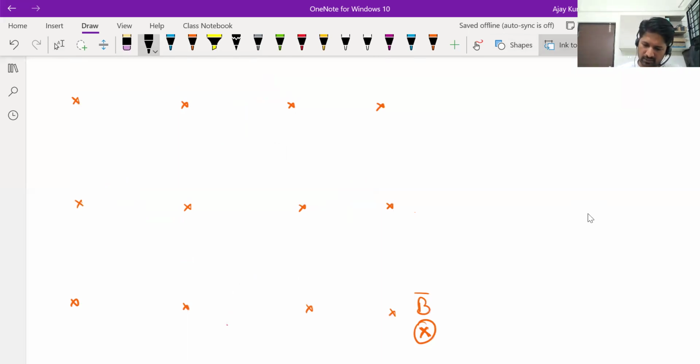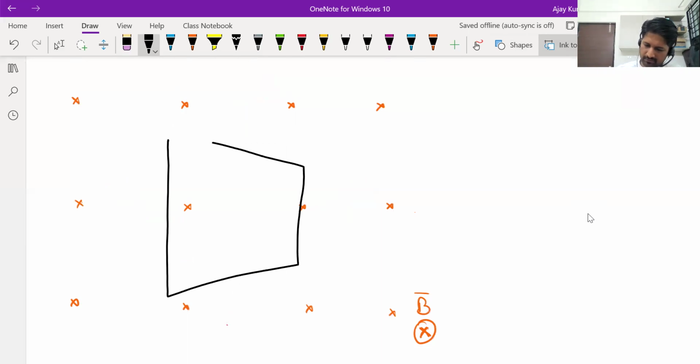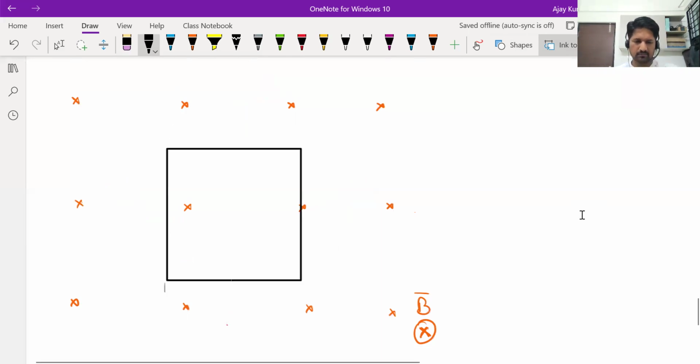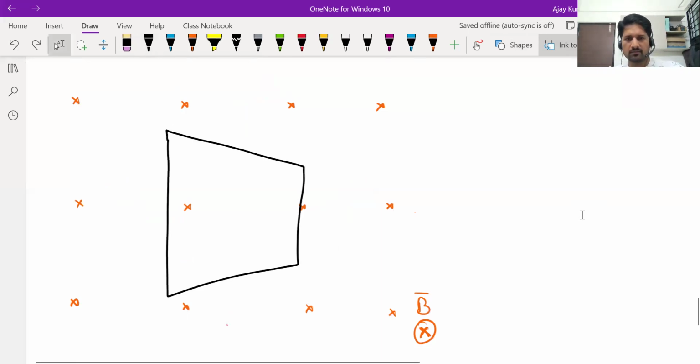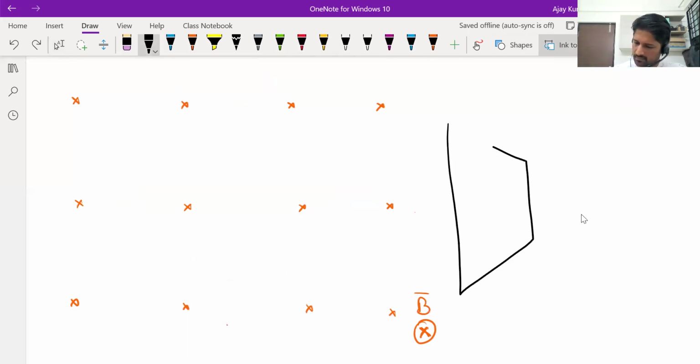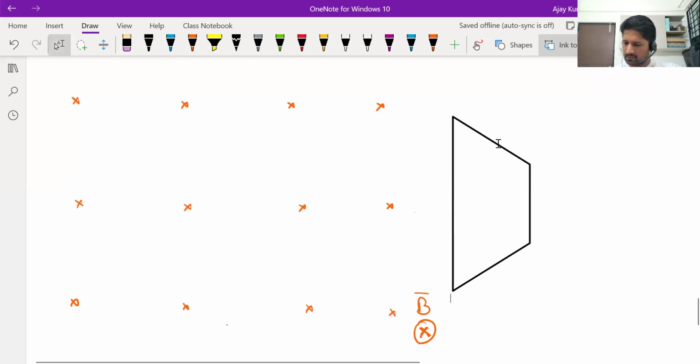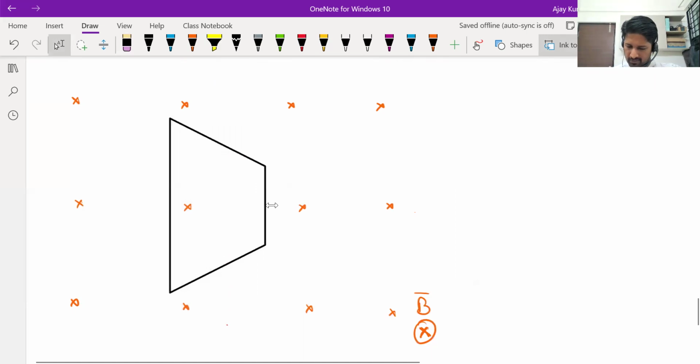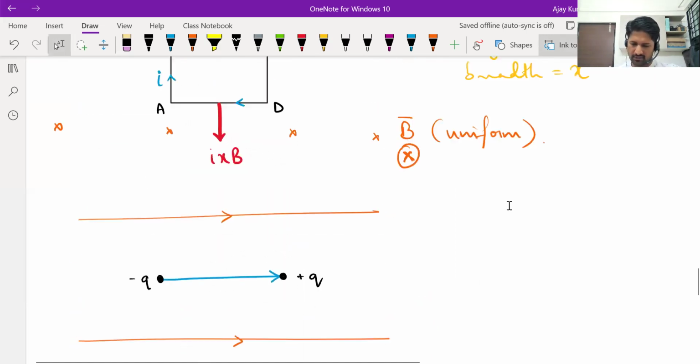So let's say it is rotated by an angle theta, and it now appears like this to us. Okay. So basically when you rotate it, one edge comes closer to us and one edge goes away from us, right? About which axis are we rotating? Let us visualize that first.